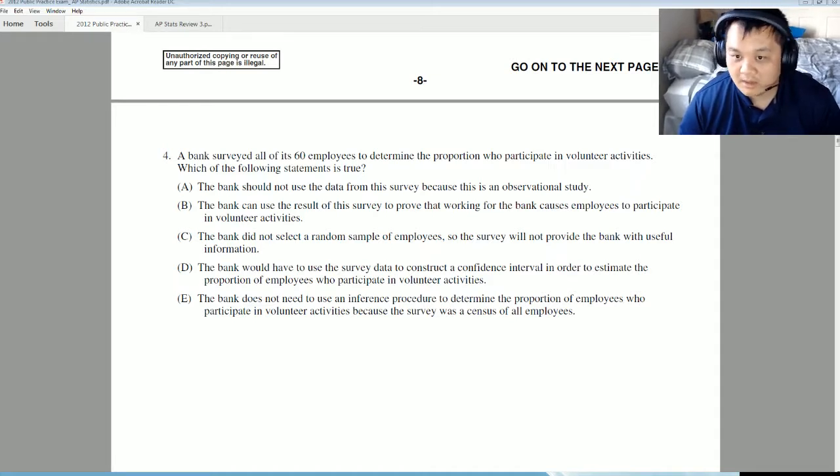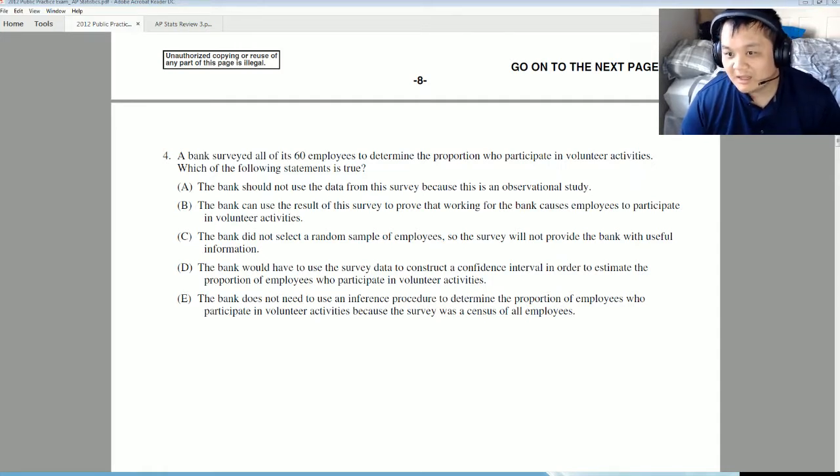A. The bank should not use the data from this survey because this is an observational study. True or false? Okay. B. The bank can use the results of this survey to prove that working for the bank causes employees to participate in volunteering activities. No. Okay. C. The bank did not select a random sample of employees, so the survey would not provide the bank with useful information.